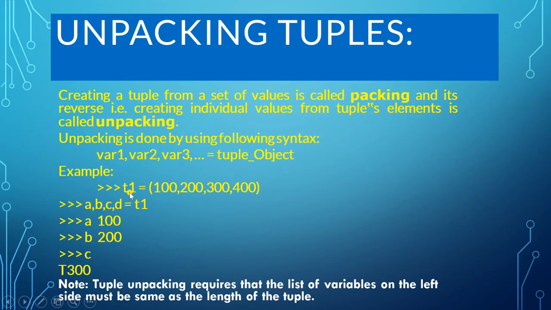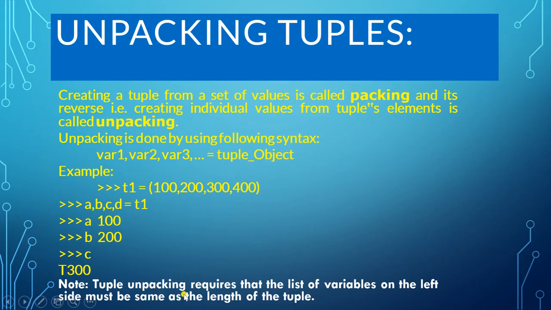For example, this T1 is a tuple, and you unpack it by A, B, C, D is equal to T1. It will take the elements and assign them from T1. So A will hold 100, B will hold 200, C will hold 300, and D will hold 400.